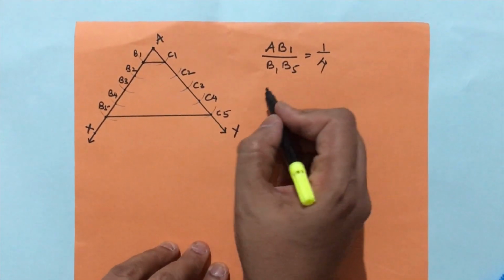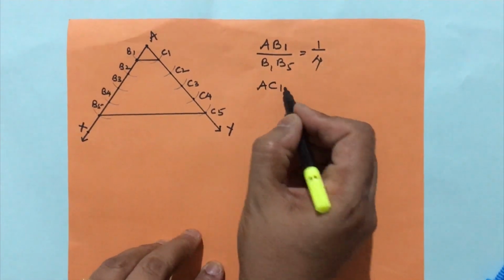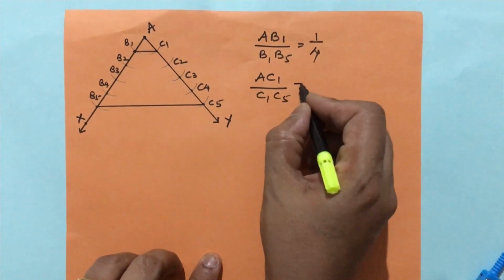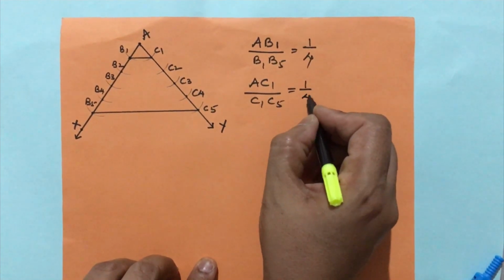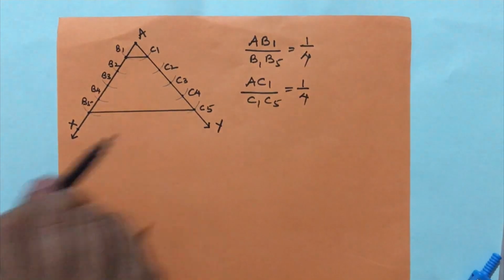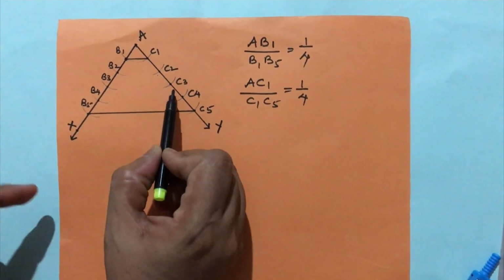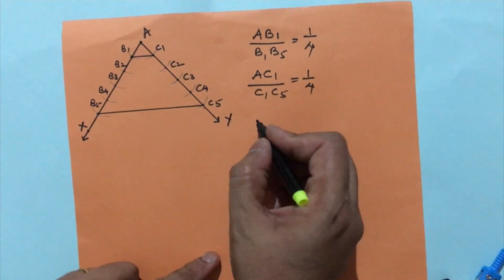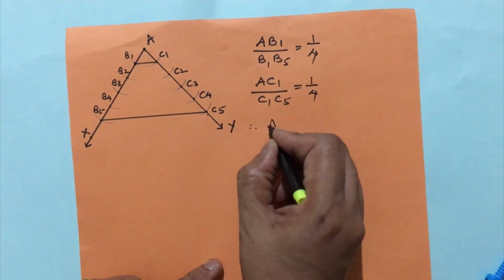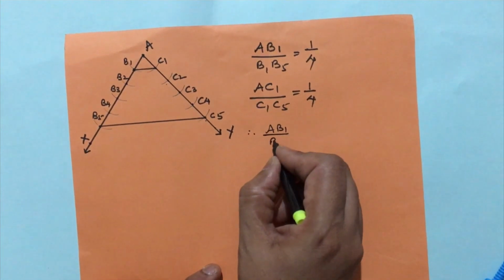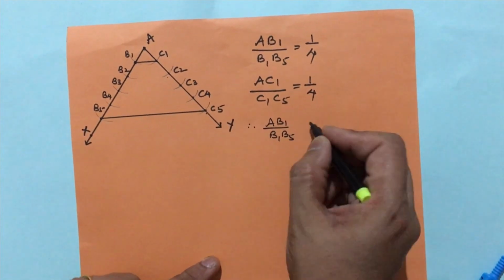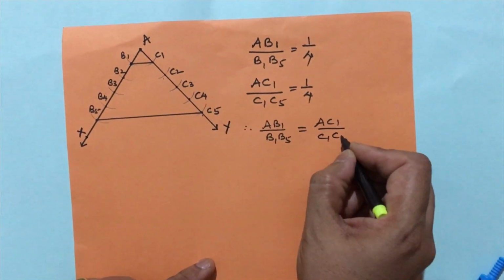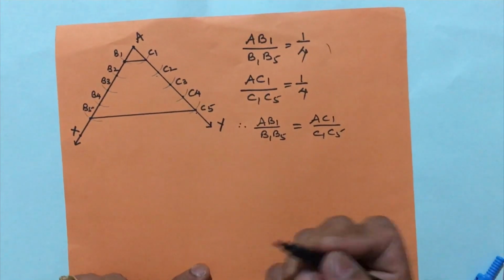And similarly, AC1 by C1C5 also, we are getting 1 by 4. See, this is one part and this is 1, 2, 3, 4 parts. These are all equal parts. So here you can write AB1 by B1B5 is equal to AC1 by C1C5, as both are equal to 1 by 4.